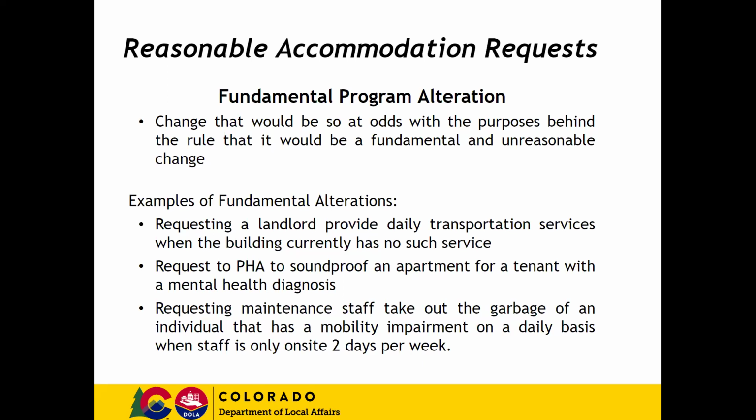So that interactive dialogue was, I'm sorry, we have to deny the request for daily garbage disposal. However, our alternative is we can come 2 days a week if you leave your garbage outside your door, and our maintenance can stop by 2 days a week to take that garbage for you. So just some examples of where we either have to deny or we can engage in an interactive dialogue to come up with an alternative accommodation to assist our household.